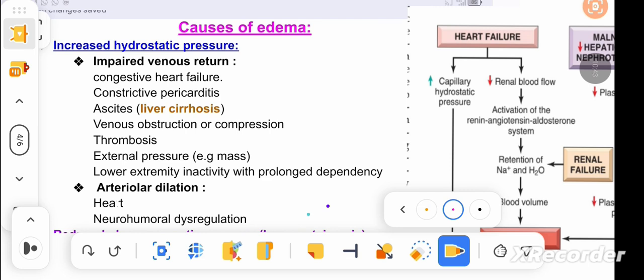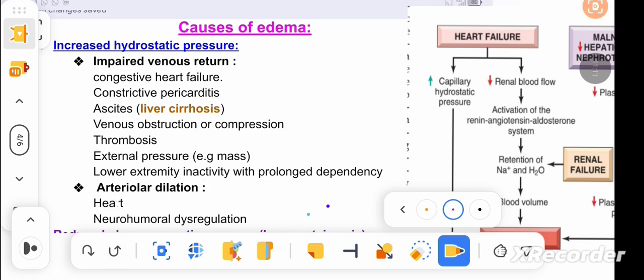But now, what are the causes of edema? Edema can be caused, as we have seen, by anything that can increase the hydrostatic pressure. What increases hydrostatic pressure is divided into two: anything that impairs venous return, or arteriolar dilation.